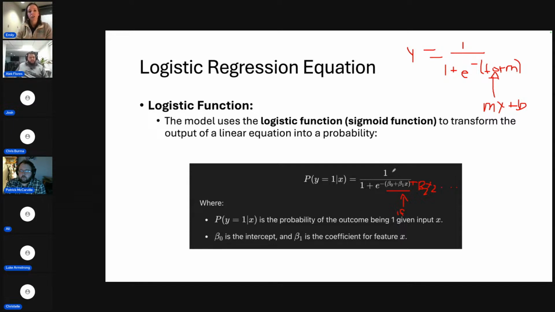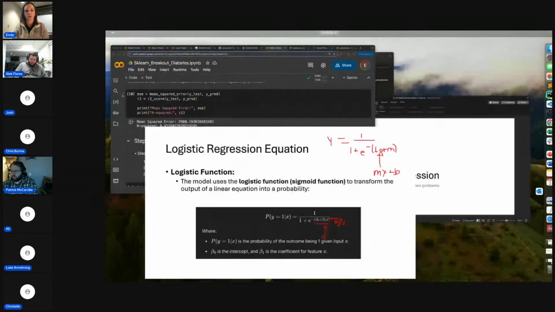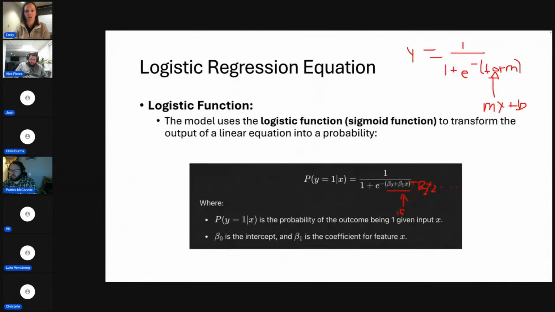So logistic regression is just a mathematical transformation on top of the linear regression formula, that base formula that you guys have already learned. So if we have house prices and we're trying to predict something with a house, will this house sell within 30 days? Yes or no? We could put all of those features into the expression of this formula. Let me pause for just a moment. Does this make sense to you guys?